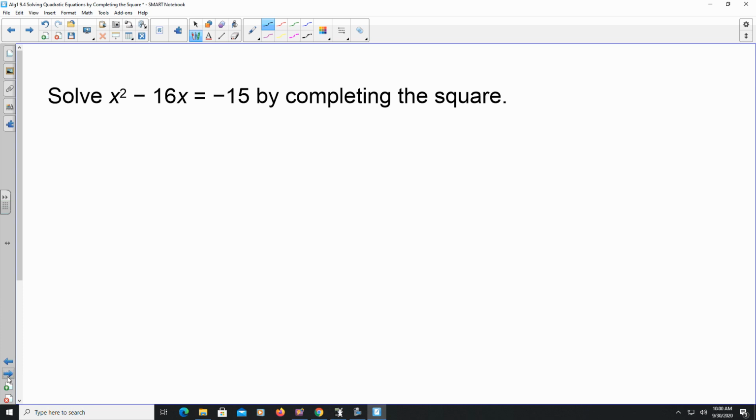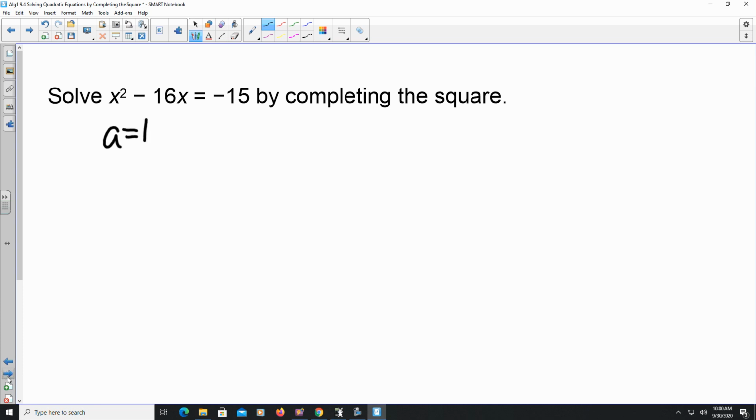So now we have an equation because we have an equal sign, and they want us to complete the square. Two things have to be true. Remember, a has to equal 1.